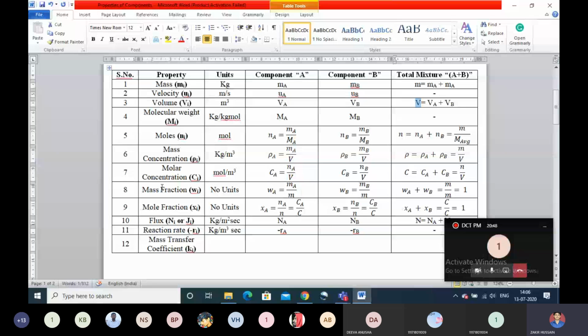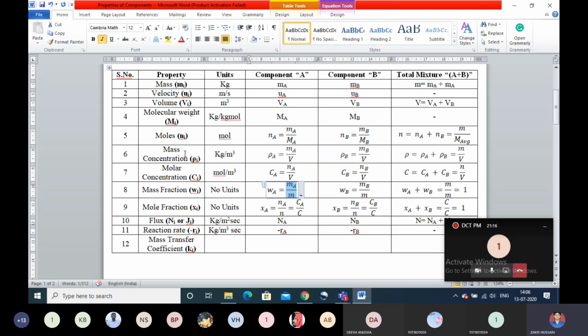Then next one is mass fraction. Since we already have mass concentration, we can define a mass fraction. A fraction is anything which is present in a fractional amount, so it will always be less than 1. We have only a two component system, and mass concentration is already defined, so we can define mass fraction in such a way that it has no units. Mass fraction is denoted by w A: individual mass divided by total mass.